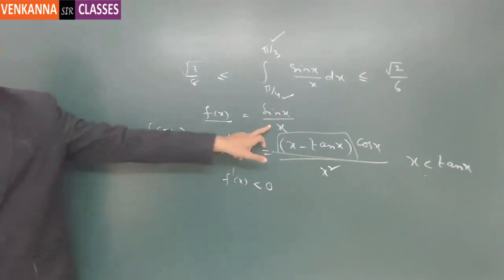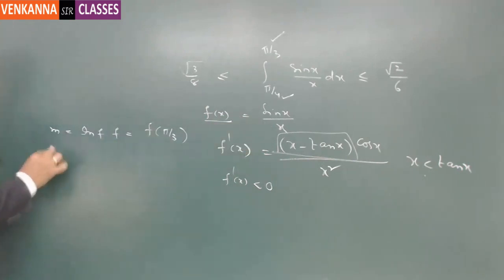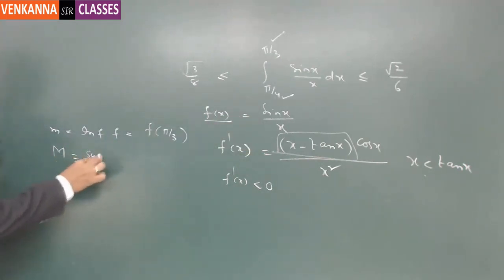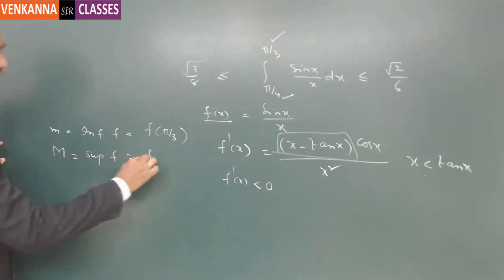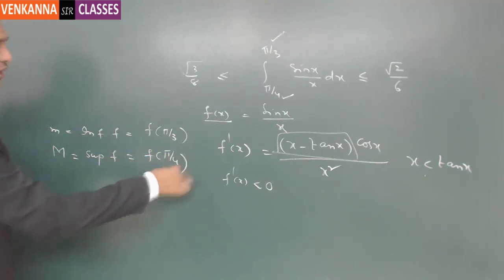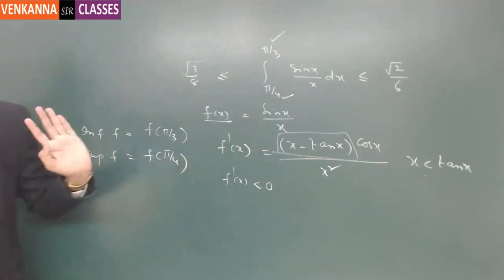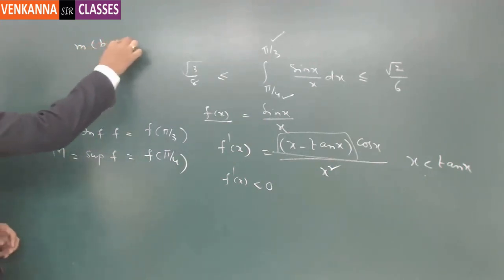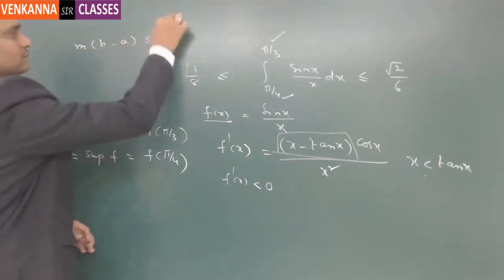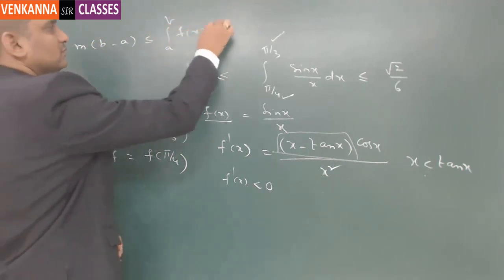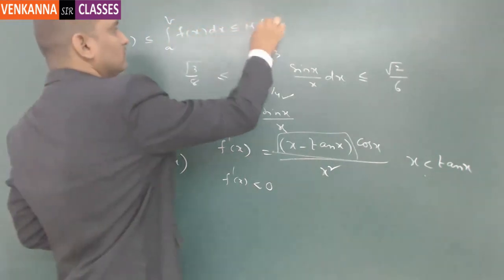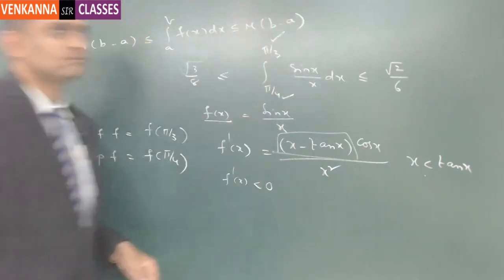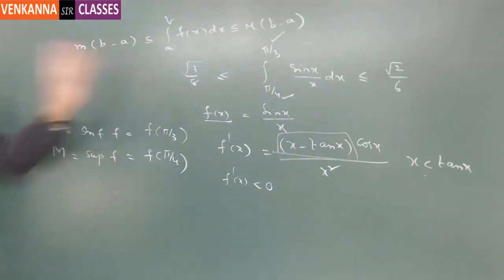You substitute pi by 3 here. Capital M is equal to supremum f, which is f of pi by 4. You calculate f of pi by 4 here. Now simply by substituting the values in the inequality, straight away you will get this answer.